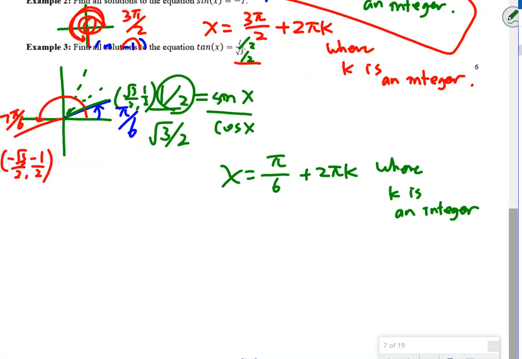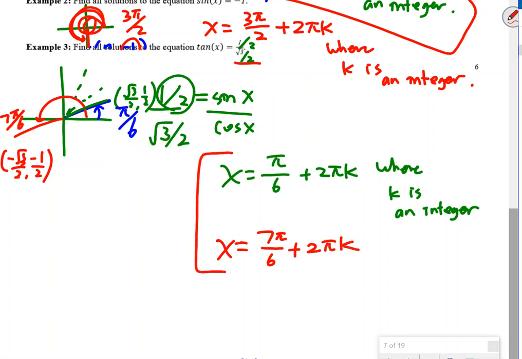Integer meaning 1, 2, 3, or 0, -1, -2. Those show us infinitely many answers with coterminal angles. Second answer, x equals 7 pi over 6 plus 2 pi k.